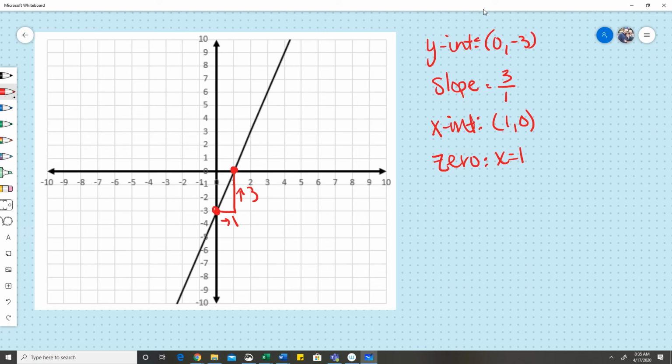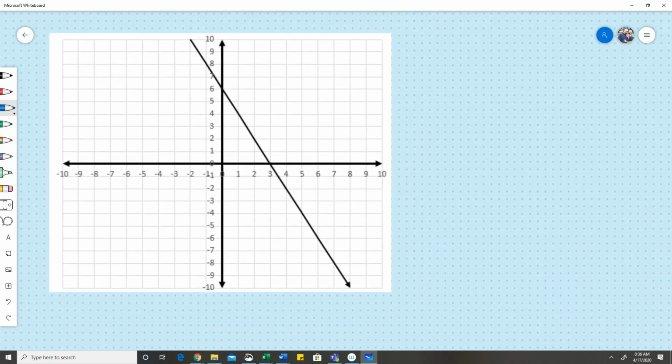I want to write my slope-intercept form of the equation. y equals, here's my b, here's my m, and I could simplify this m to just be 3. So 3x minus 3. I'm going to clean that up a little bit. How's that, guys? All right, bringing back memories.